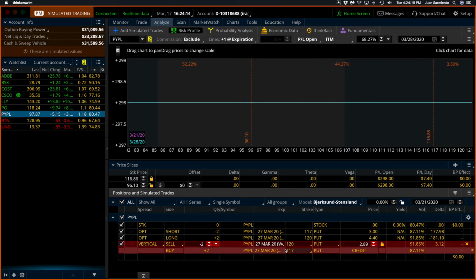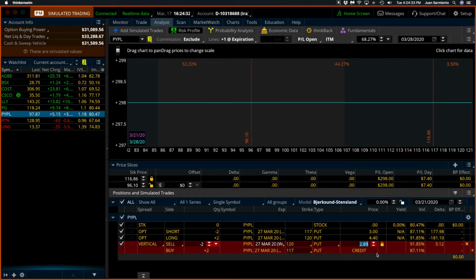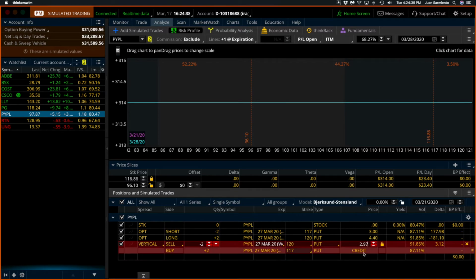This is to sell. I'm selling the trade, and you can see that the width of the strikes is 120 minus 117. That's $3. So I'm going to give away only 3 pennies, no more. That means I would enter my trade at 2.97. The difference is 3. So I'm going to get my credit and give only 3 cents away.